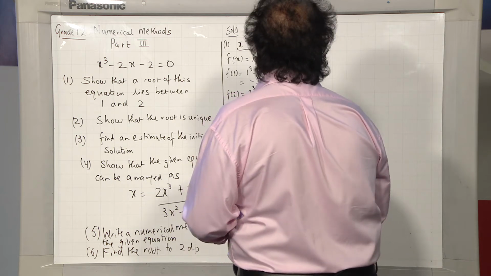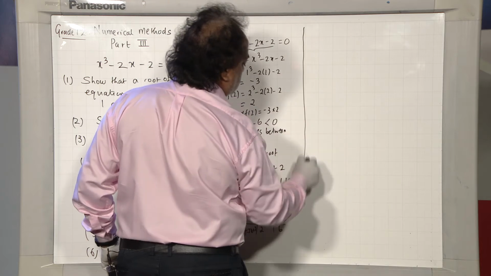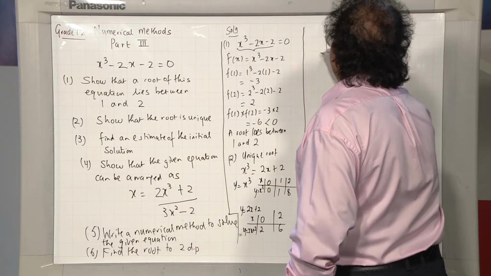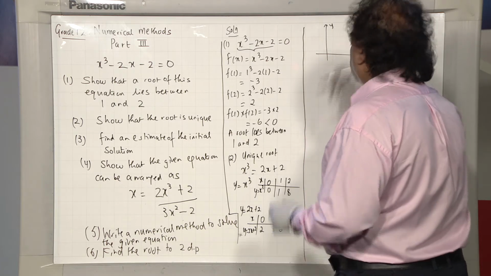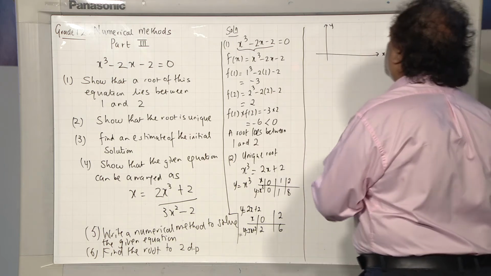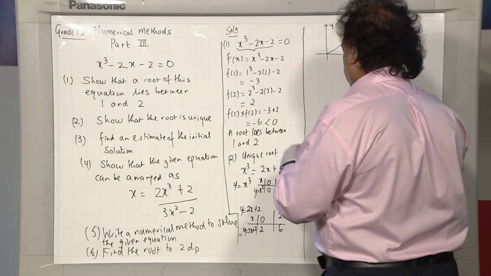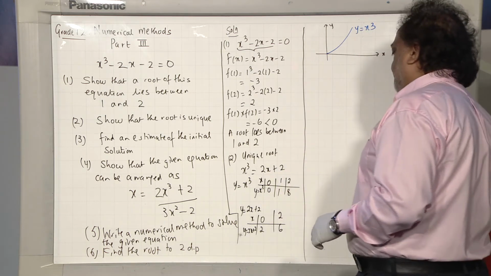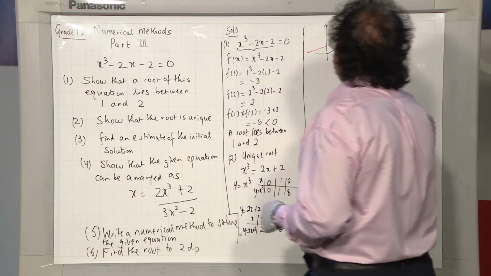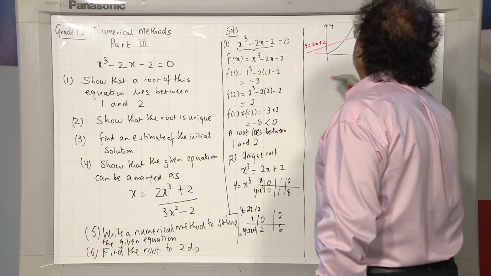So, if we plot the graph, this is what we are going to obtain. y is equal to x cubed, and then this is the line y is equal to 2x plus 2.